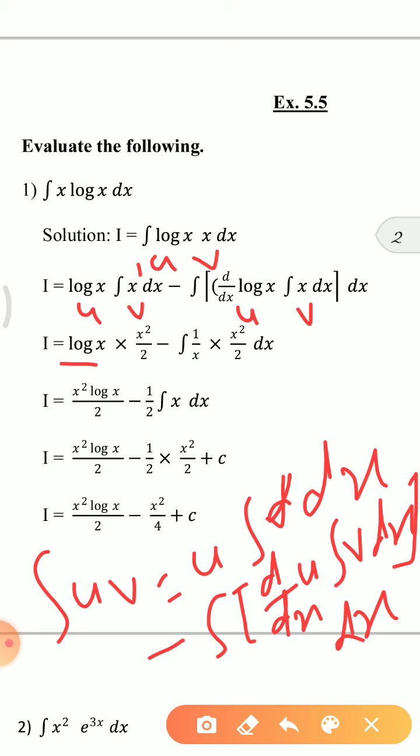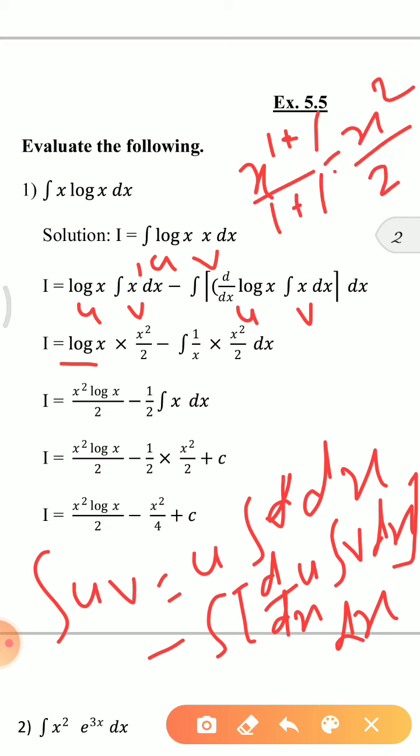That means x raised to 1 plus 1 upon 1 plus 1, that is equal to x square by 2. That means integration of x dx is equal to x square by 2, minus integration into bracket derivative of log x. You know the derivative of log x is 1 by x, into integration of x dx, that is x square by 2.